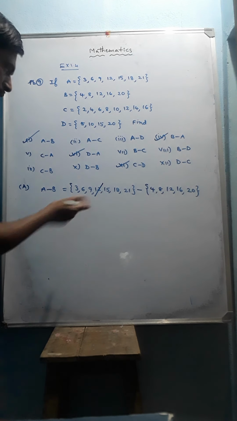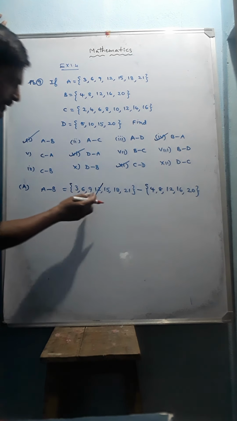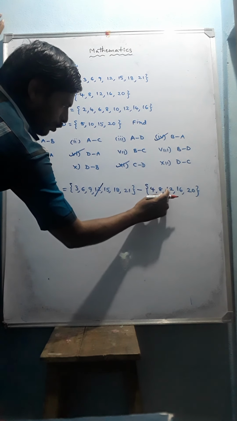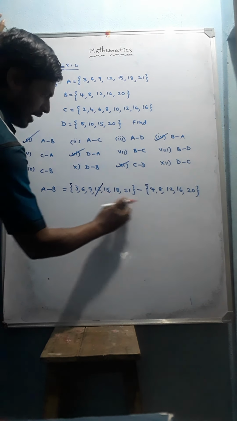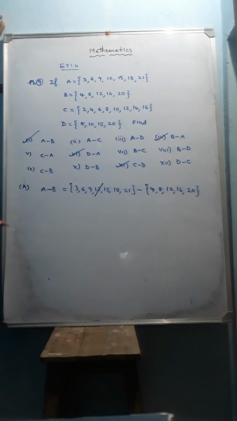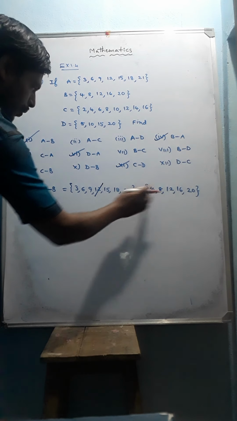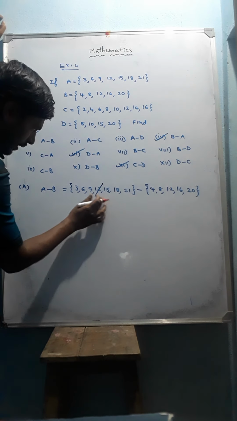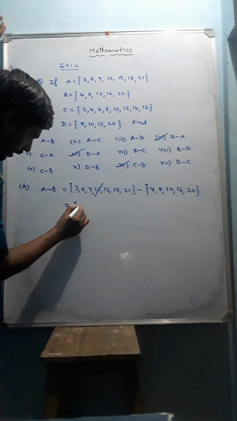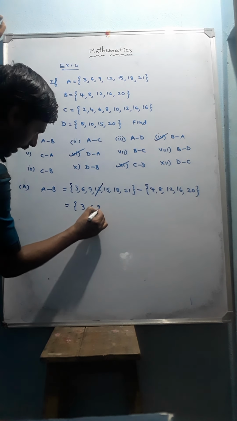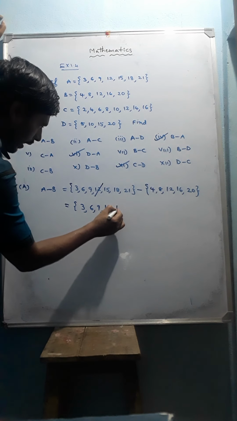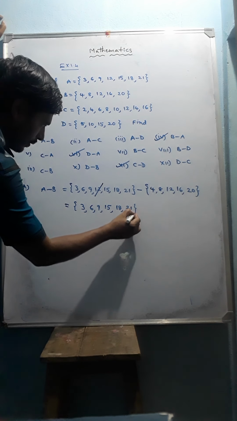Next 16, 20 are not there, so you cancel only 12, because 12 is the only common element. So the remaining elements are 3, 6, 9, 15, 18, 21. This is the answer.